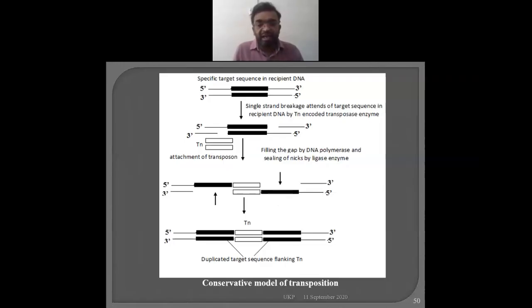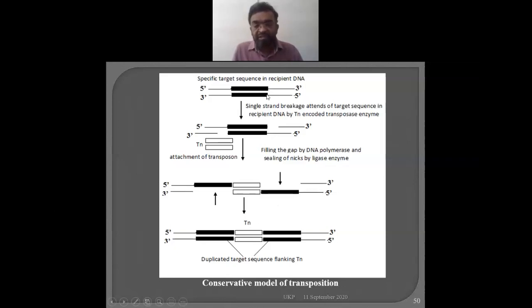Here, there is a single strand breakage at the target sequence in the recipient DNA. One cut is made here and another cut is made here. In the case of the transposable element, both the cuts are simultaneously made here, but here these are referred to as the staggered cut.